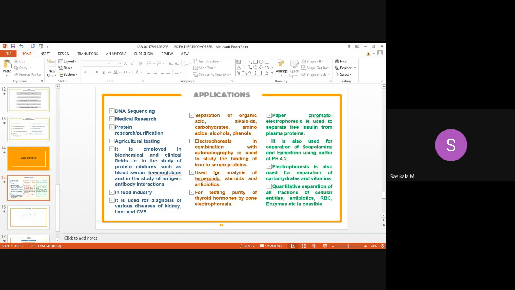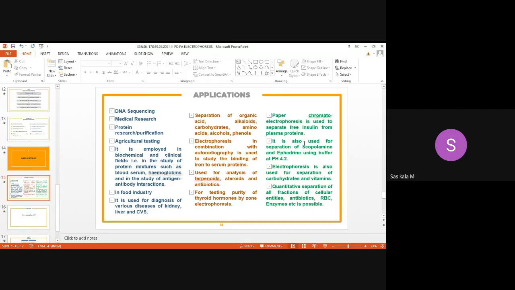It is used for analysis of terpenoids, steroids, and antibiotics, and for testing the purity of thyroid hormones by zone electrophoresis. Paper electrophoresis is used to separate free insulin from plasma proteins.